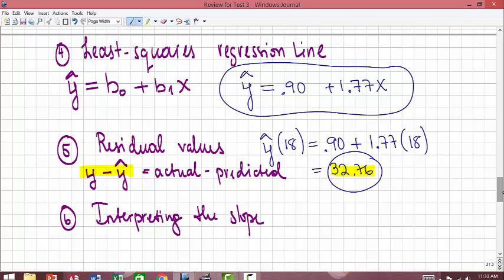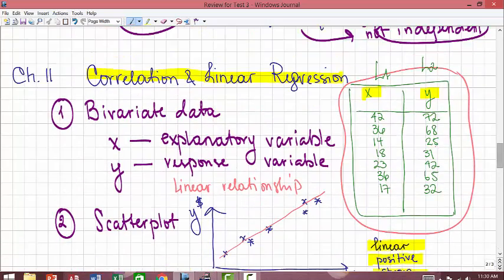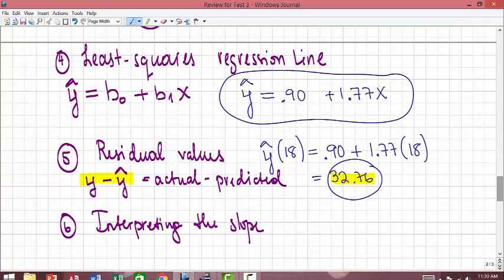Okay, so what you need to do is the following. You go back to your table and you take a look and find the y value that corresponds to x is equal to 18. It's 31. Okay, so 31 minus 32.76 is equal to what?